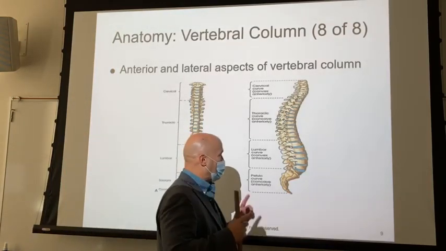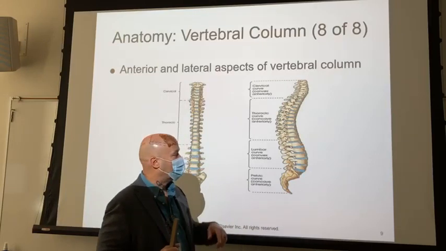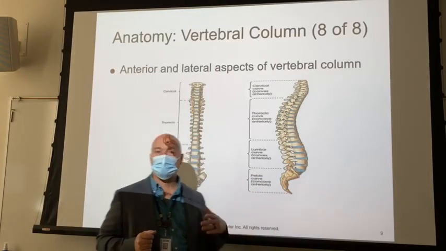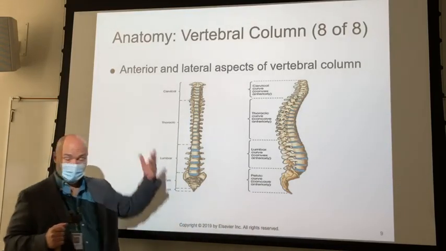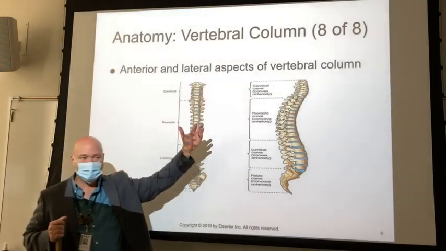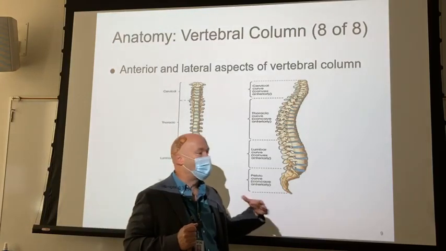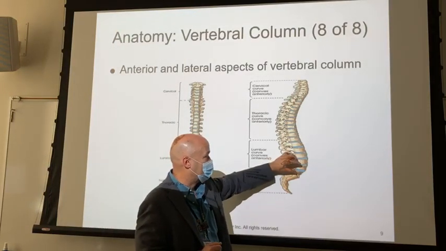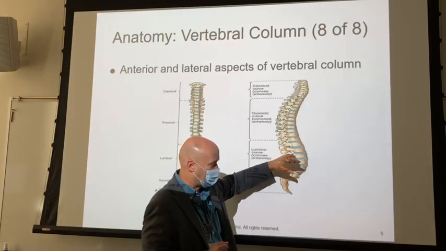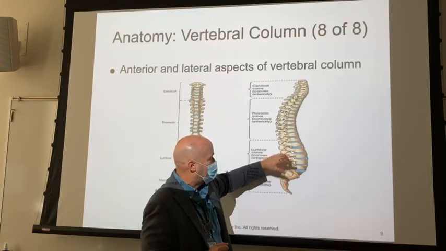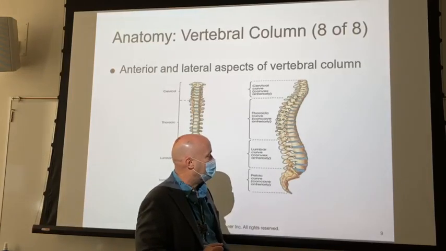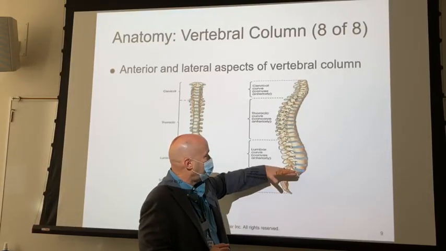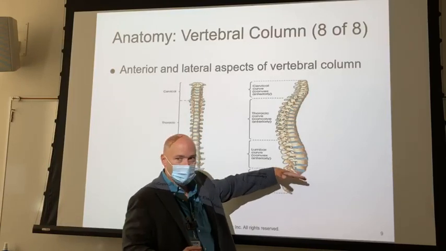Probably the most common one that I see, though, is what we call a transitional vertebra. And the cervical ribs are an example of a transitional vertebra, but what you're going to see more often is that L5 takes on the appearance of a sacral segment, but you've still got a disc there, so it's not really a sacral segment.